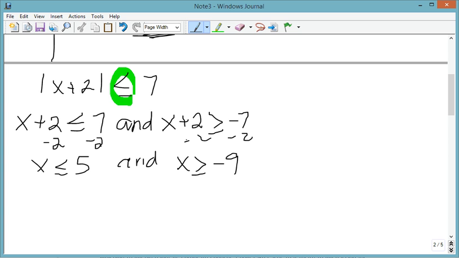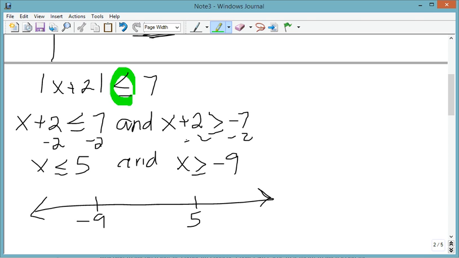Alright, so on the number line, I have my negative 9 and my 5, right? And I want it less than 5. Well, that's going to be this way, right?